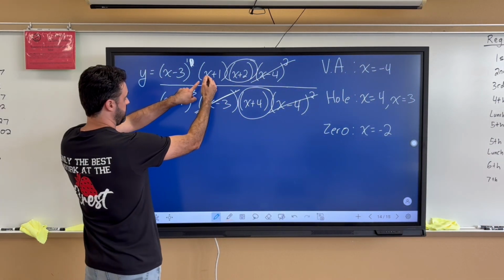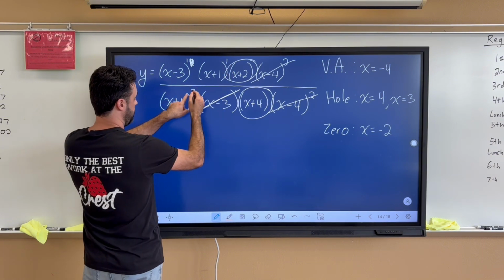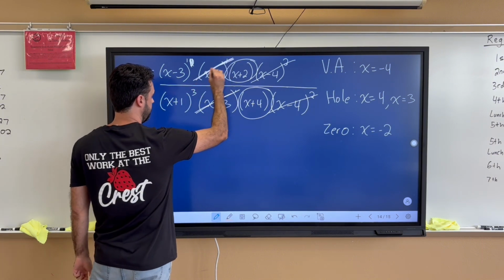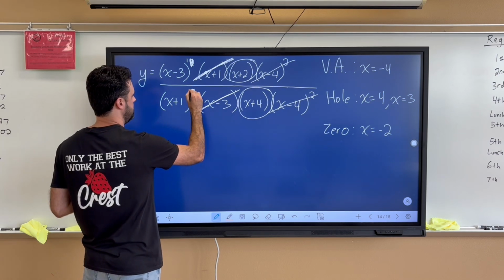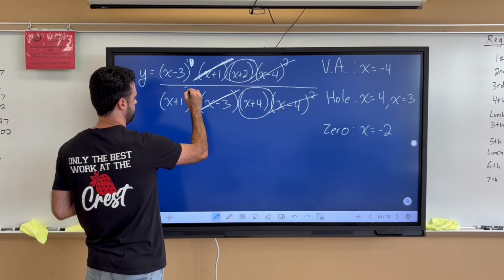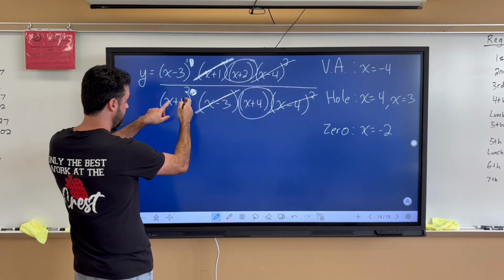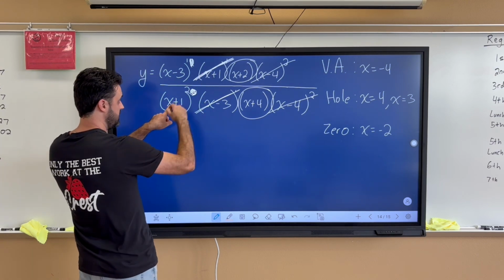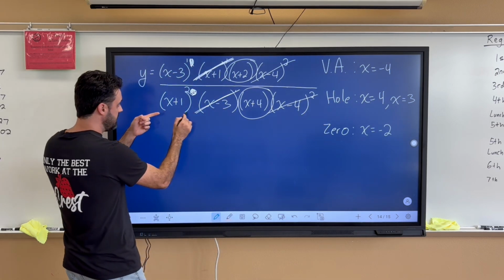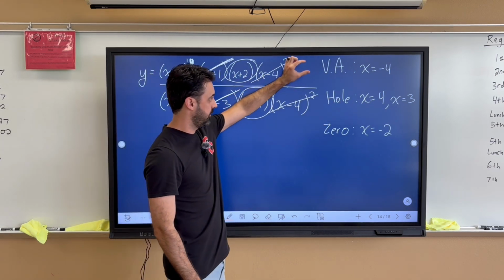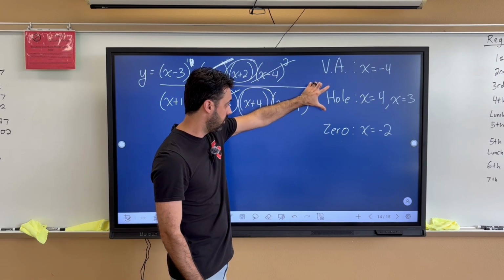Then the x plus 1s. This x plus 1 is to the first. This one's to the third. So this one up here is gone. It's like there's 3 of these, 2 of them are left. So now this is to the second. So again, something partially canceled. Typically that would be a hole. But because it's left over in the bottom, we're looking at, is it a vertical asymptote or a hole?